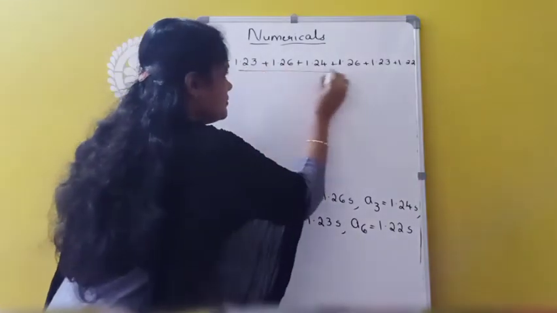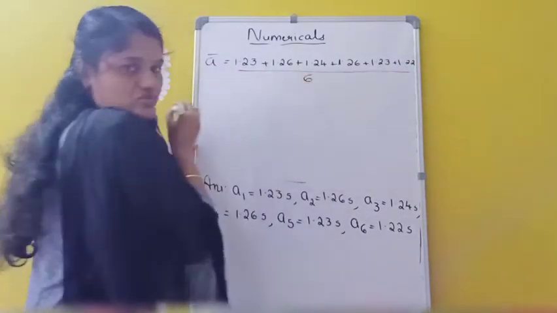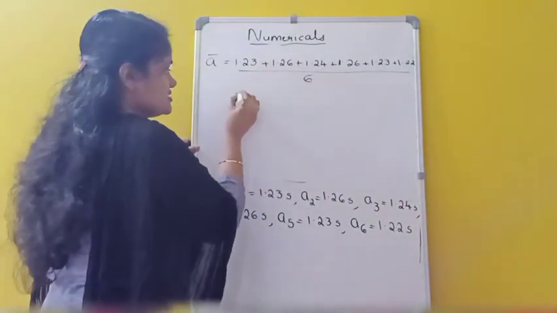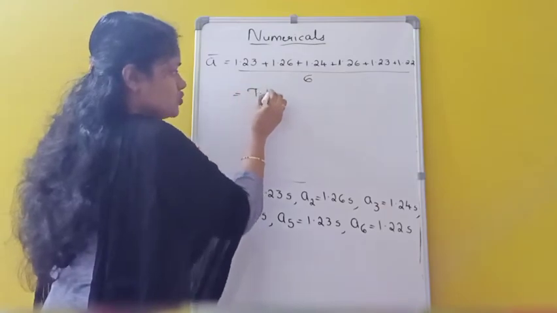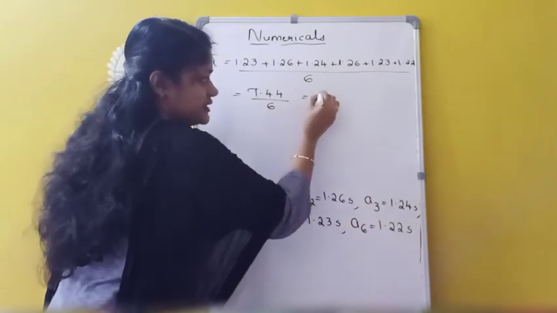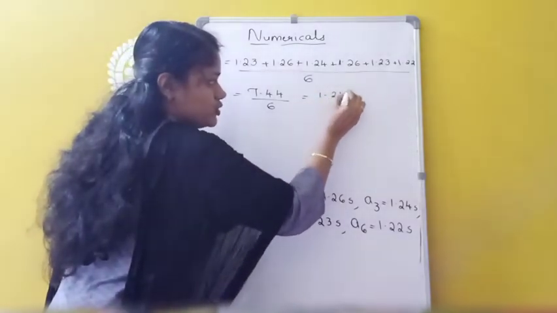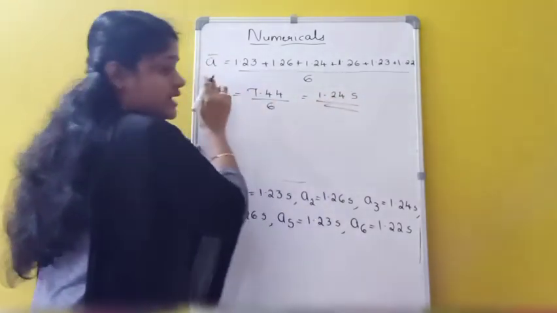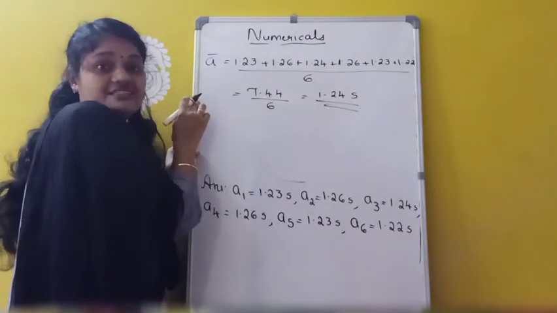The whole divided by how many values are here? 6 values are here. When we add all these, we get 7.44 divided by 6. That means we get nearly 1.24 seconds. So this is the true value, or we can say it is the mean value.